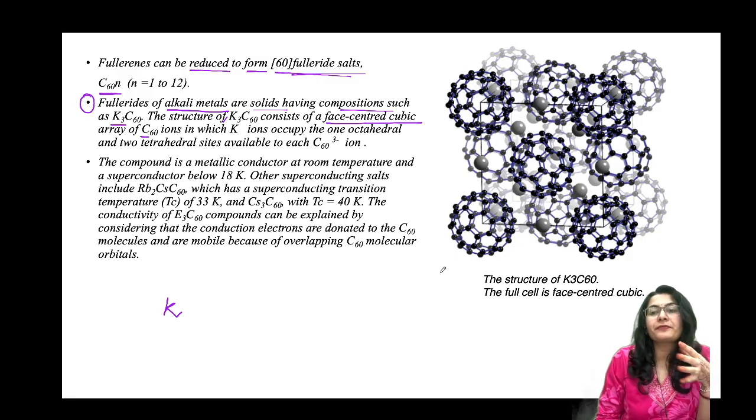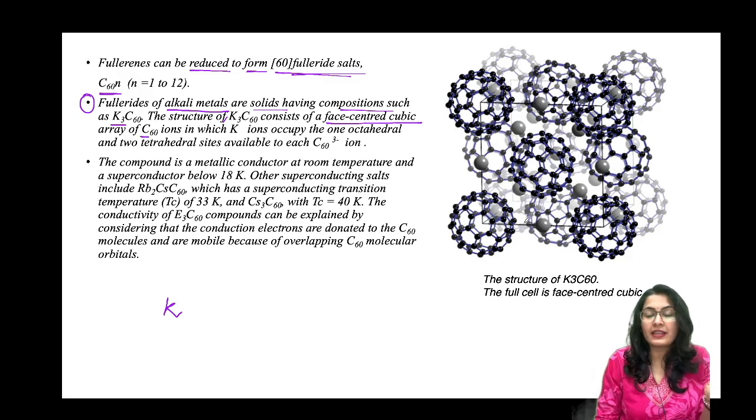So, guys, till now this has not been asked, but I hope that in the future, if this is asked, you will be able to tell. What is the type of lattice? C60 face centered. Okay, it is an FCC lattice according to the C60.